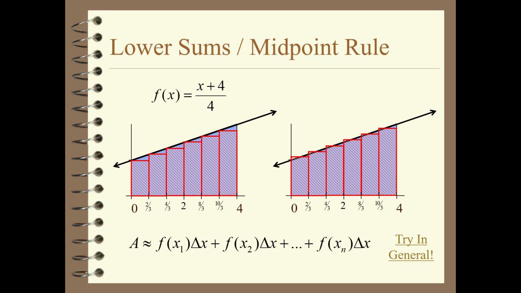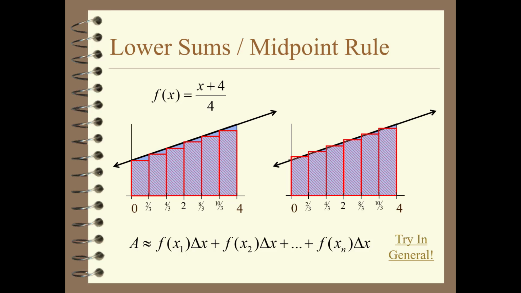And when I create my rectangles, they will be inside the region. So each rectangle's area would be an underestimate to what I want. You could instead pick the middle x value in every subinterval. That's often called the midpoint rule. So there are many ways to do it.